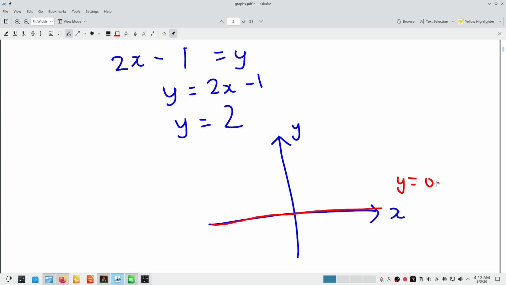Y equals to 0. You have another line, y equals to 2. Then you have another line, which is the y-axis. So what you have here are these three lines already, 1, 2, and 3.